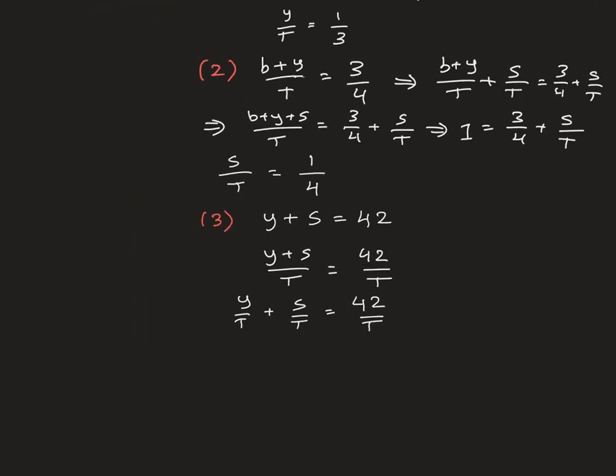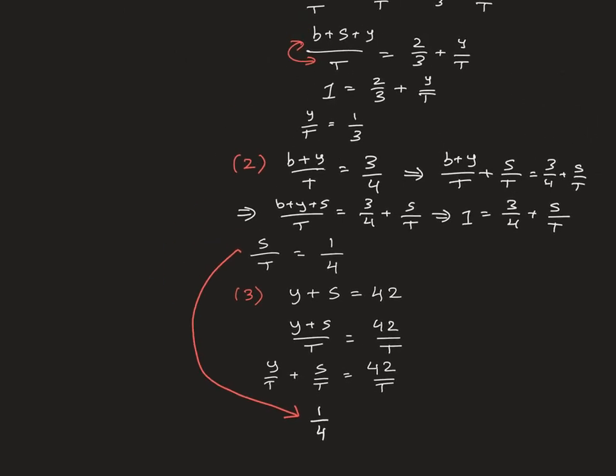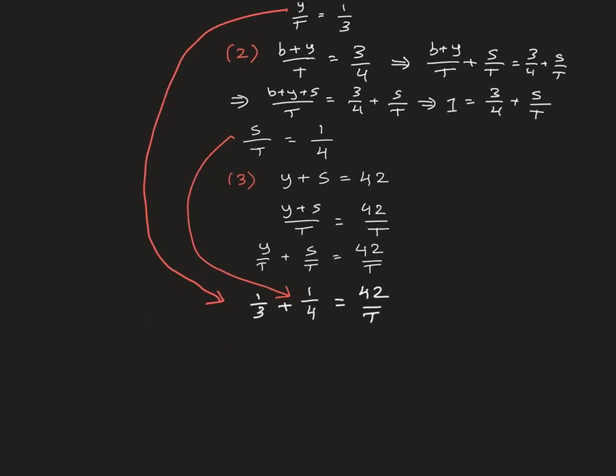S over T is 1/4 and Y over T is 1/3, and the left side simplifies to 7 over 12.